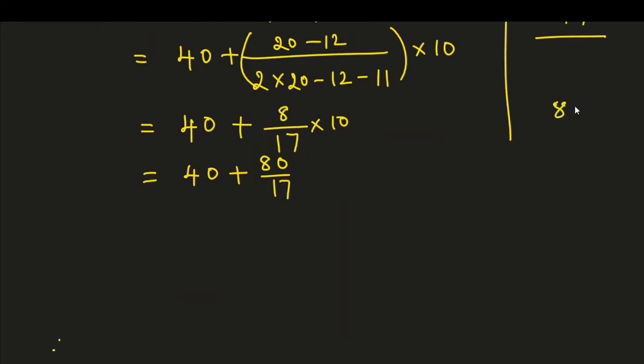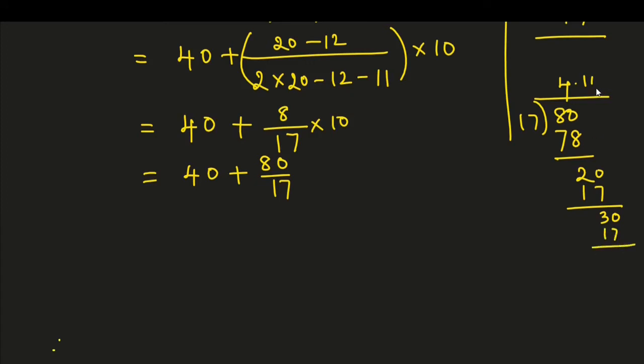What is 80 by 17? 17 fours are 68. So we get approximately 4.7.